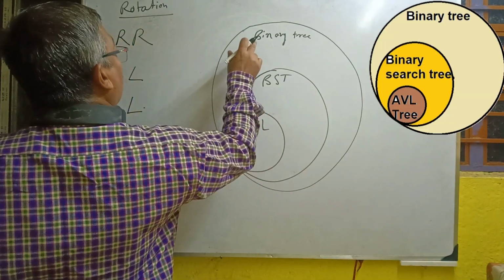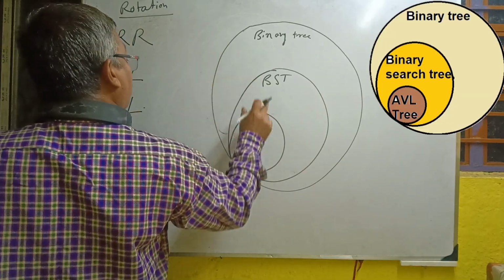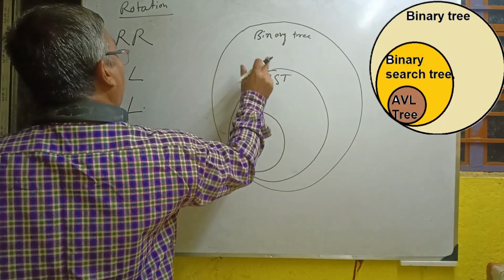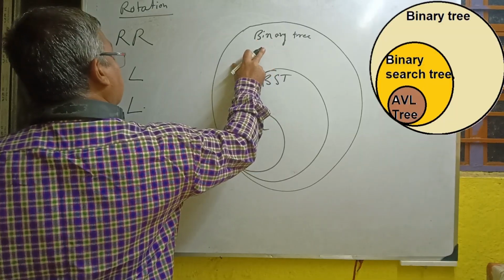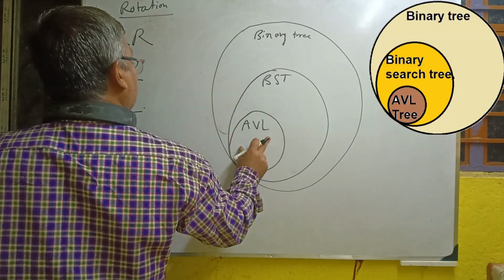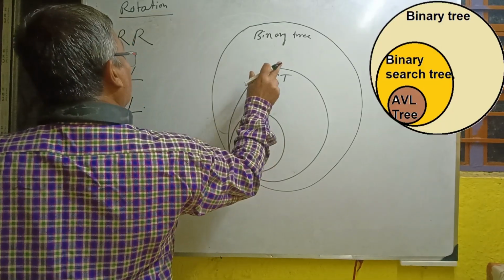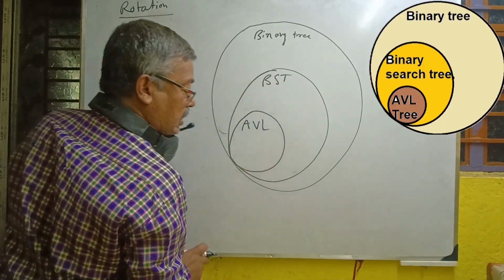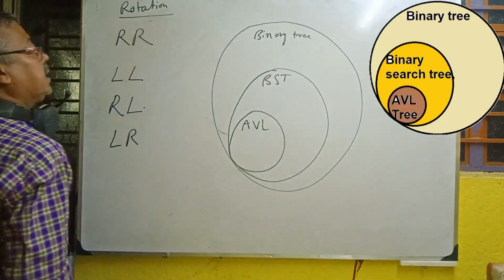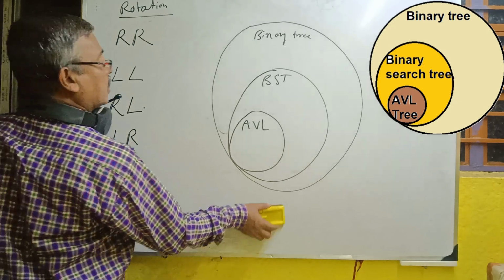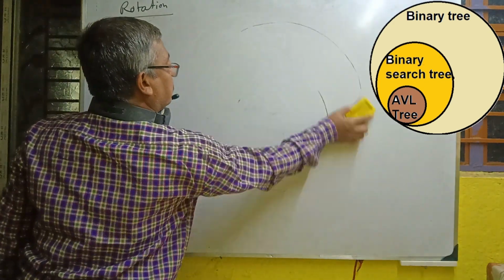So all binary trees are not AVL trees. But all AVL trees are also binary trees. All BSTs are also binary trees. But not all binary trees are AVL trees or BSTs. This is the small set that we can show for the relation between the three trees.